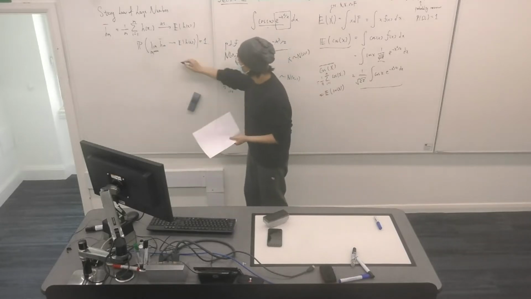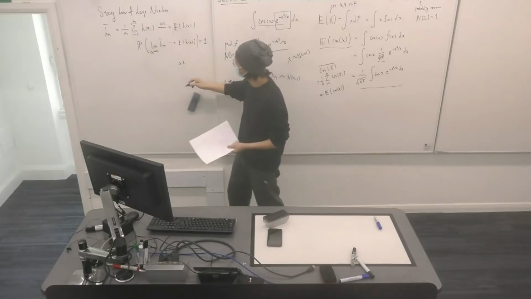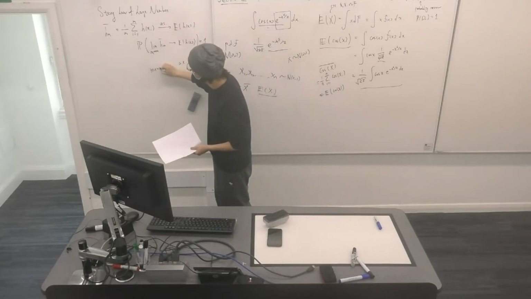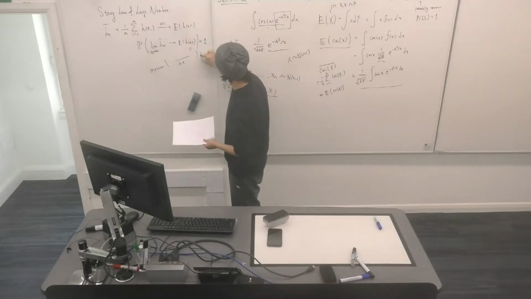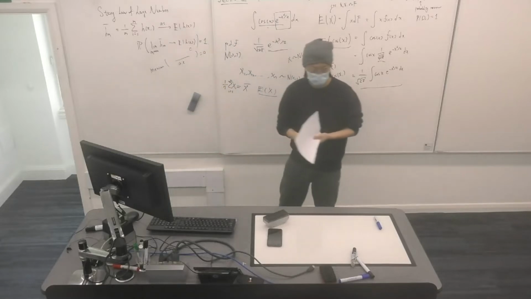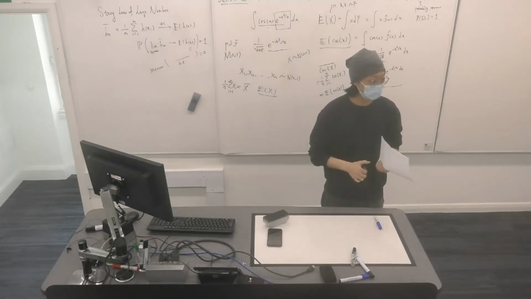So if you talk about almost everywhere, it's kind of the same. We just measure the complement of the event and it's of measure 0. Good. Any questions?